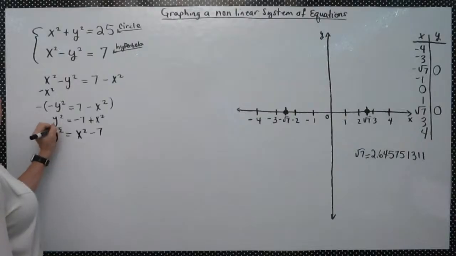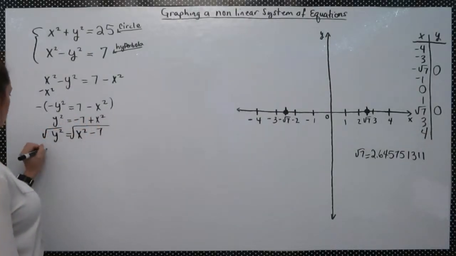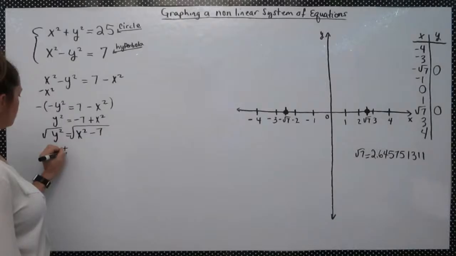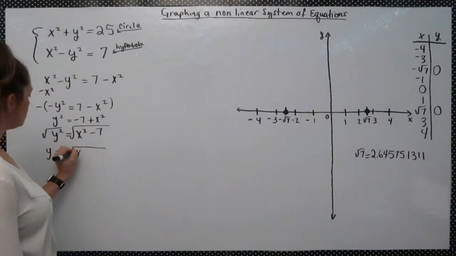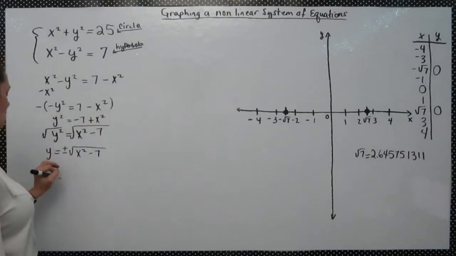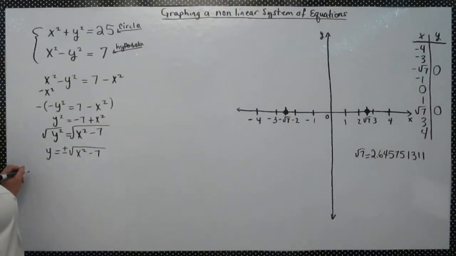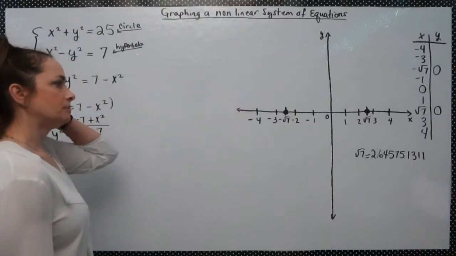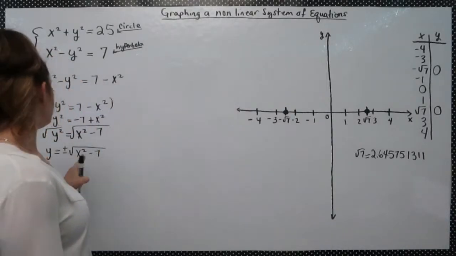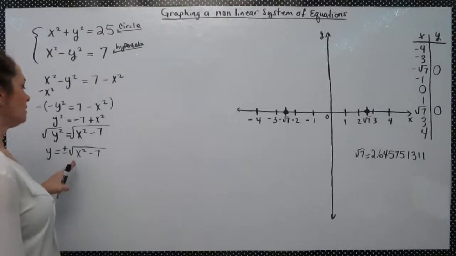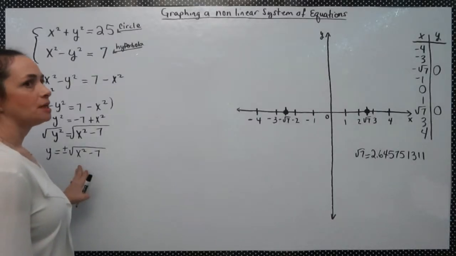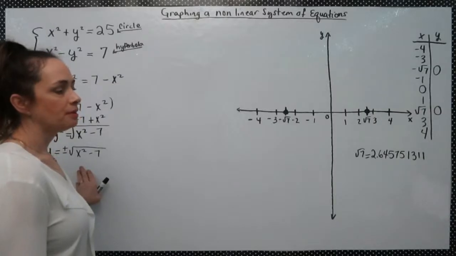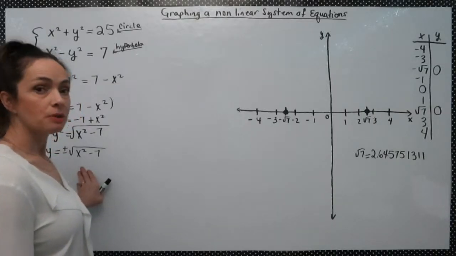And then take the square root of both sides. You're going to get y equals plus or minus the square root of x squared minus 7. And that's going to lead to 2 graphs. So you're going to have a positive and a negative. So that's going to lead to symmetrical values. And so we're going to plug these points in, but just know that, first of all, if it goes negative, you're going to end up with points that are not going to appear on the graph because they're in the complex plane.